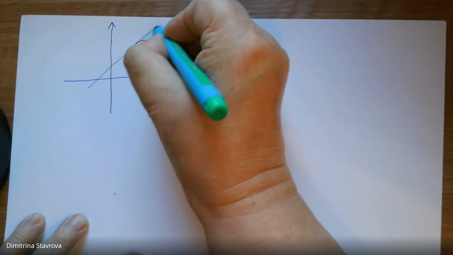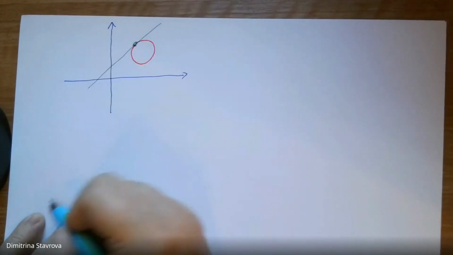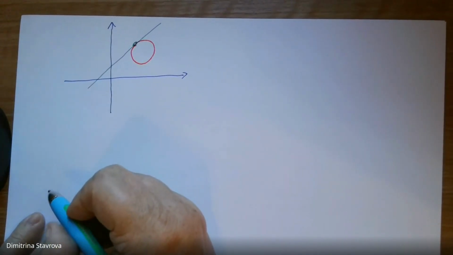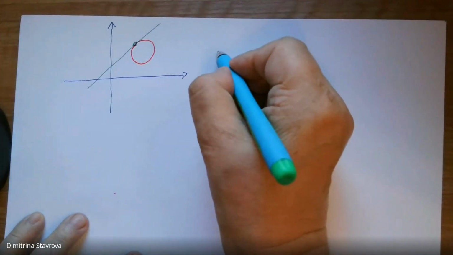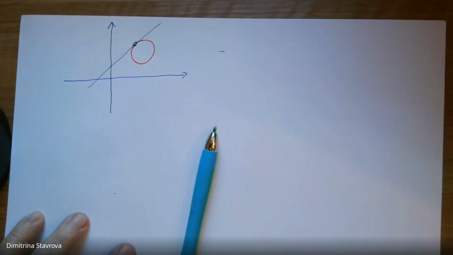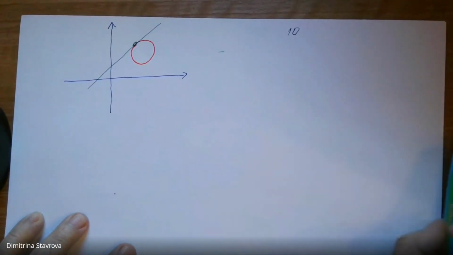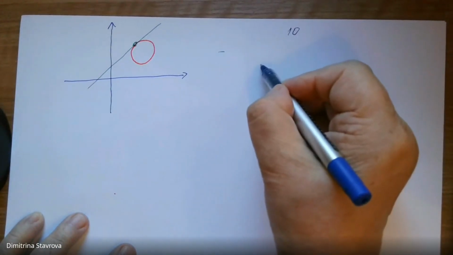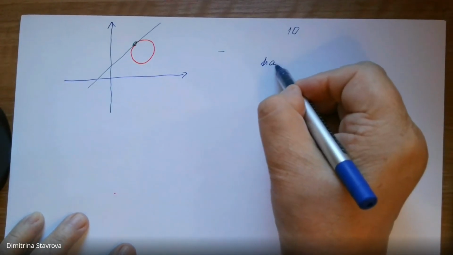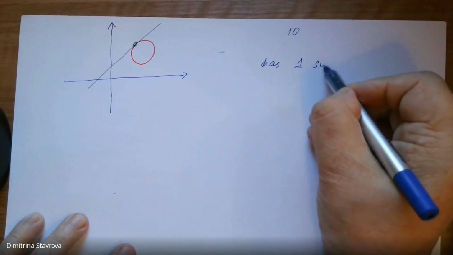We could have a tangent line to this circle. Then the corresponding system will have one solution.